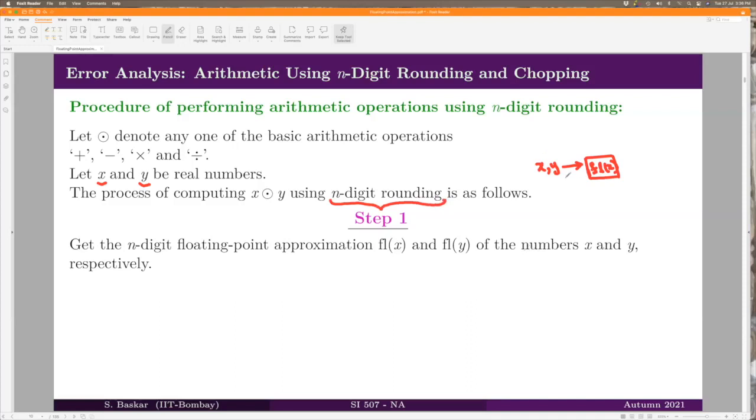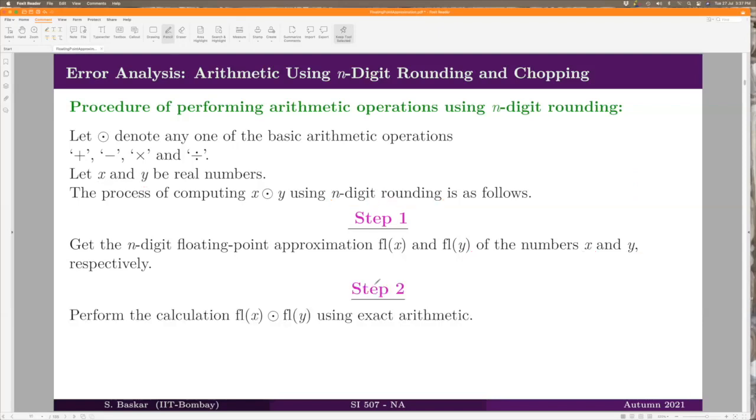So the computer takes the number x and makes the floating point approximation of that number as per its algorithm. And also it does the floating point approximation of y, and that is what it will take and consider for the further calculation. It will not consider what you gave as the value of the numbers x and y. It just assumes these two values for the further calculation of x circle dot y.